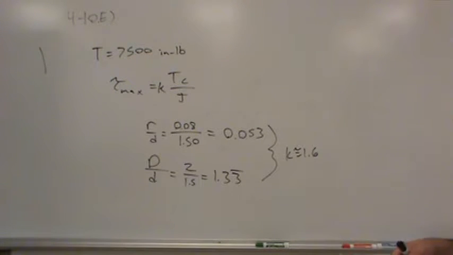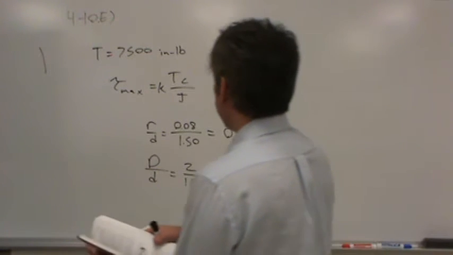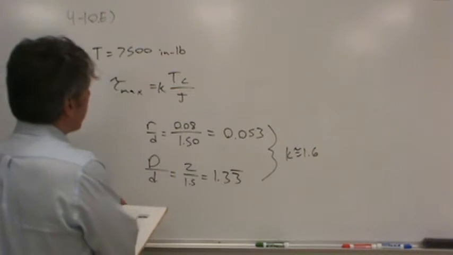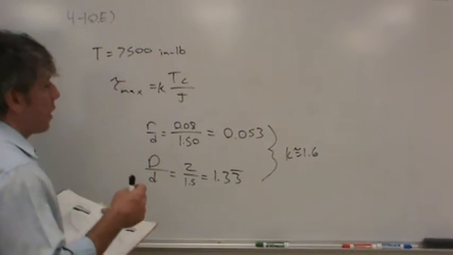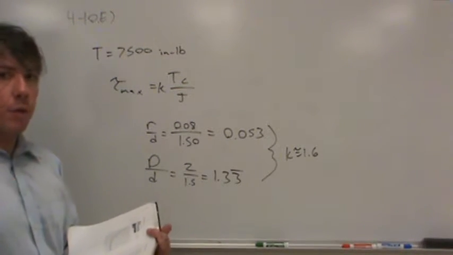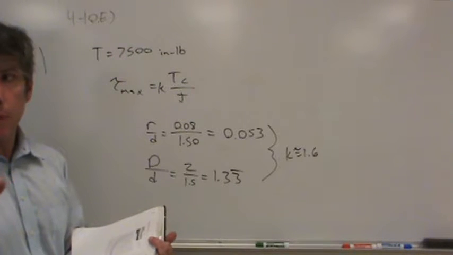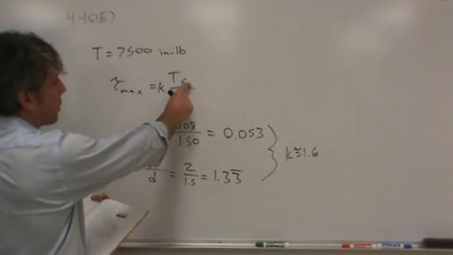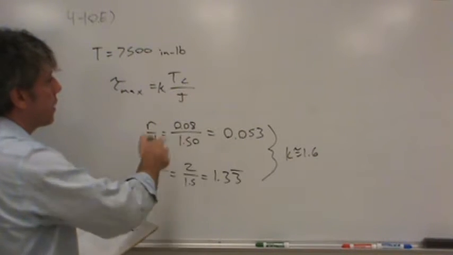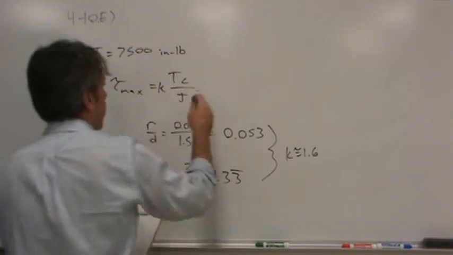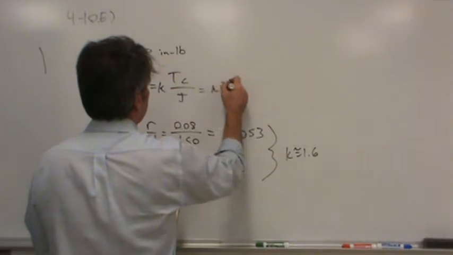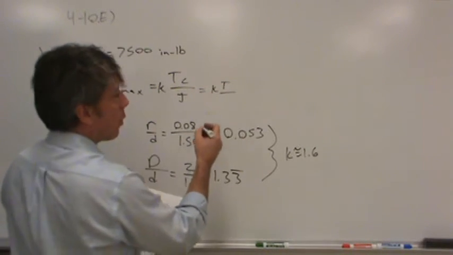All right. So let's see. Yeah, in fact, let's think about this. Would the largest stress be in the larger diameter member or the smaller diameter member? At first it's a little confusing because the larger diameter member has the larger value of C. But if we combine these together, we have the polar section modulus.